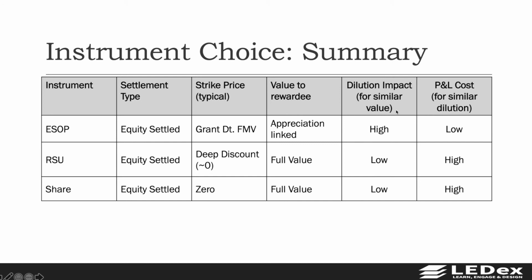And from a dilution perspective, for a similar value delivered, an ESOP is a high dilution, whereas an RSU or a share is a low dilution. From a P&L perspective, for a similar dilution, there is low cost on a stock option or appreciation linked instrument, whereas there is high cost on an RSU or a full value instrument.